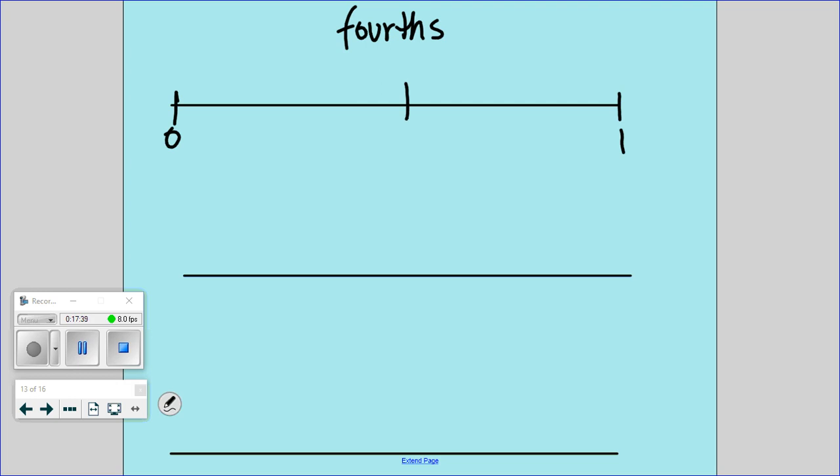But right now, that's only 2 pieces. But I'm splitting it up into 4 pieces. Where do my other tick marks need to go if this is going to be fourths? Because right now this is just halves. I don't want halves. I want fourths. How do I make that number line 4 pieces?